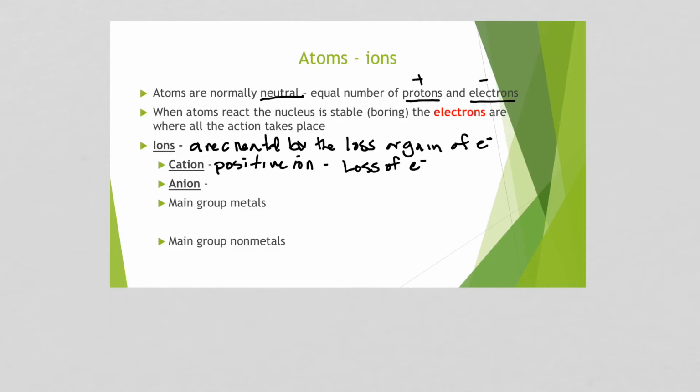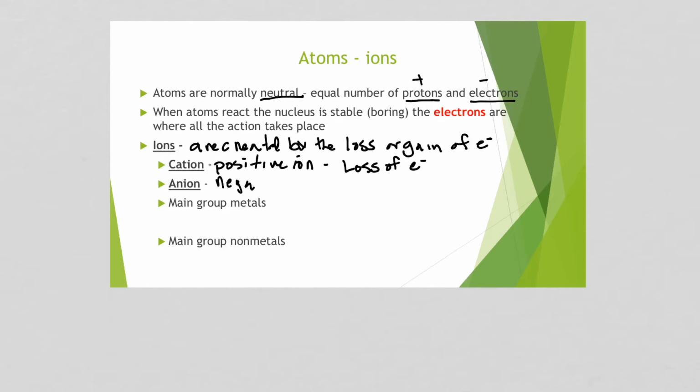So if we take one of the negative charges away, now our balance is off, right? We have more positive charge than we have negative charge. So if we lose one negative charge, we end up with having one extra positive charge or a positively 1 charged ion. So that's a cation.